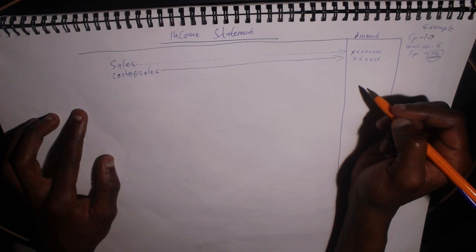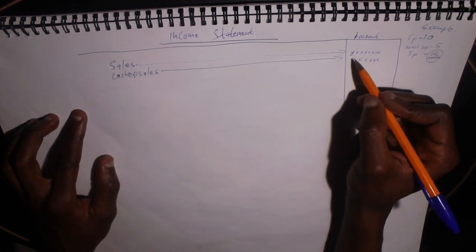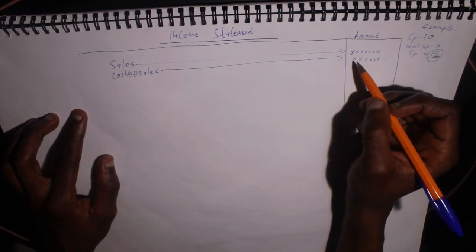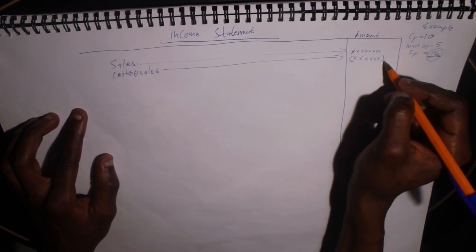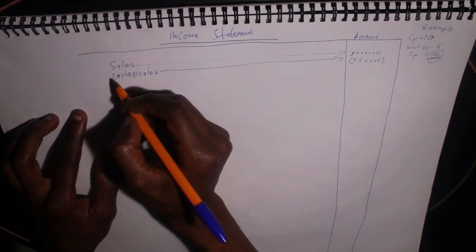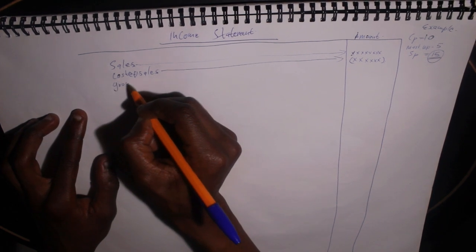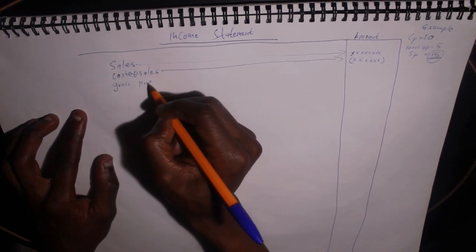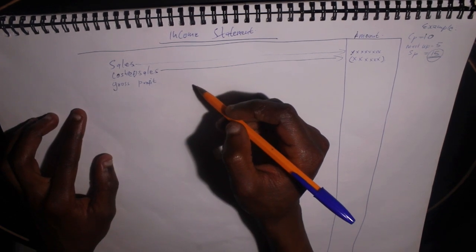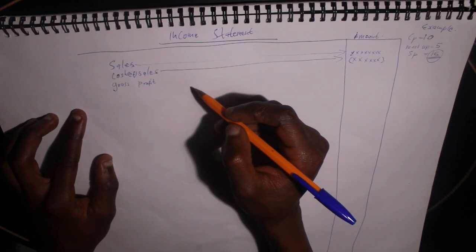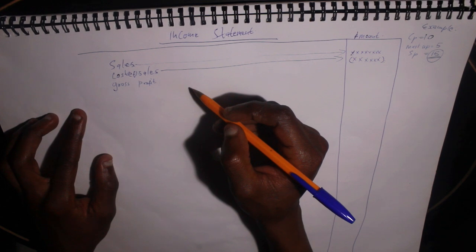I hope we are following. Now remember, cost of sales is basically the cost of what you have sold. So we're going to put it in brackets so we can go to the next step, which is gross profit. Gross profit is how much profit you made from what you have sold.